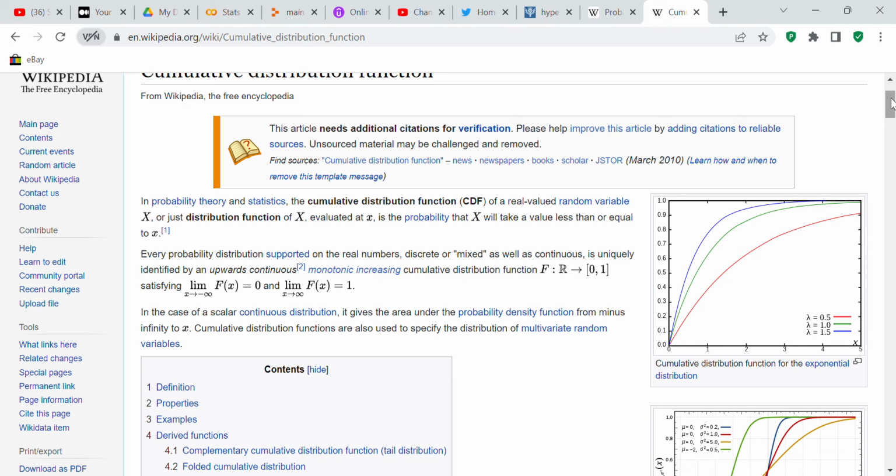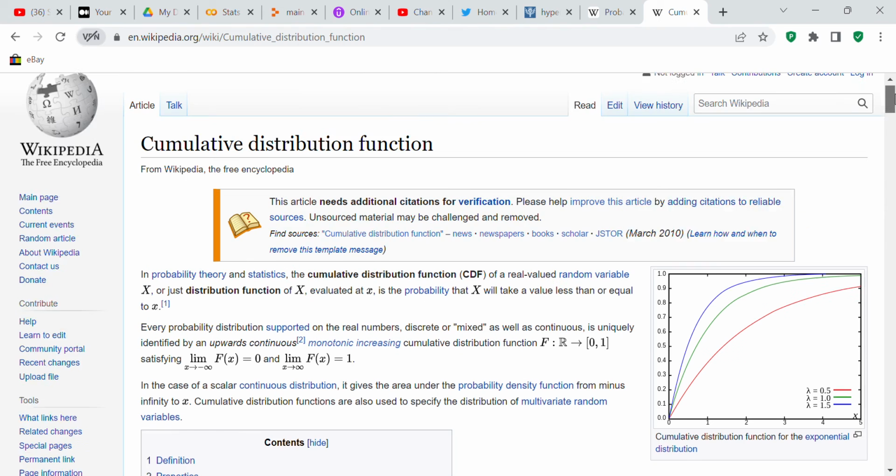In the case of a scalar continuous distribution, it gives the area under the probability density function from minus infinity to x. The cumulative distribution functions are also used to specify the distribution of multivariate random variables. So that's your cumulative distribution function.